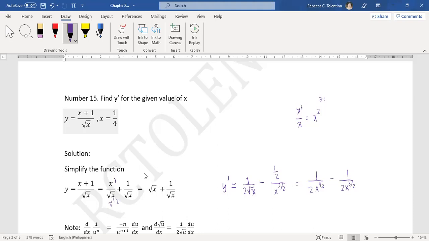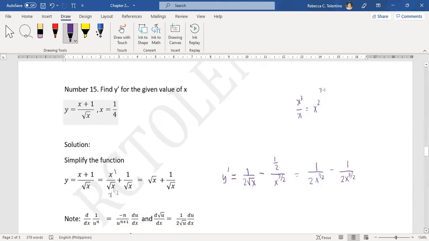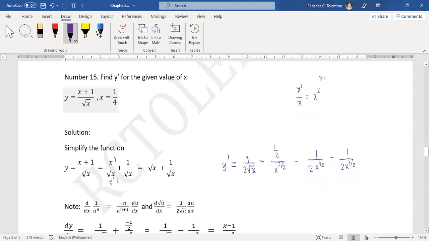Since there is a specific value, we can just plug in 1/4 without simplifying this expression. So the next step would be to substitute x equals 1/4. If we substitute, what we'll have is f prime of 1/4 equals 1/2 times the square root of 1/4, so that's 1/4 raised to 1/2, minus 1/2 times 1/4 raised to 3/2.